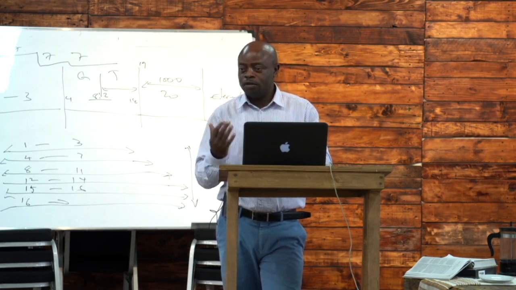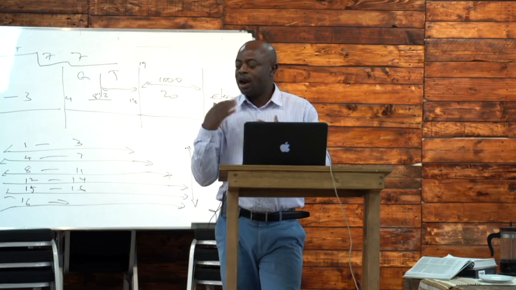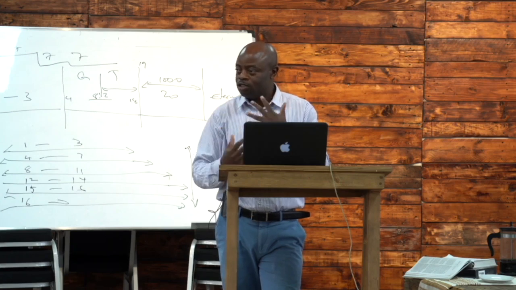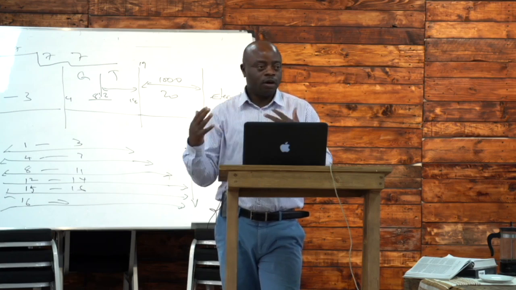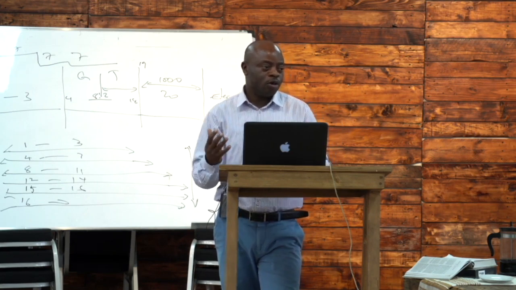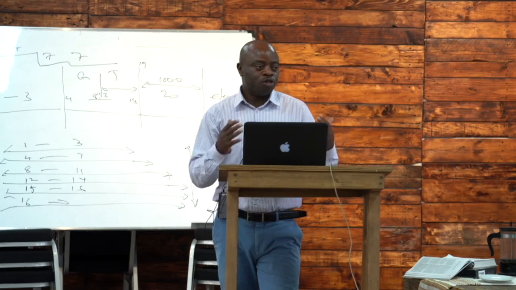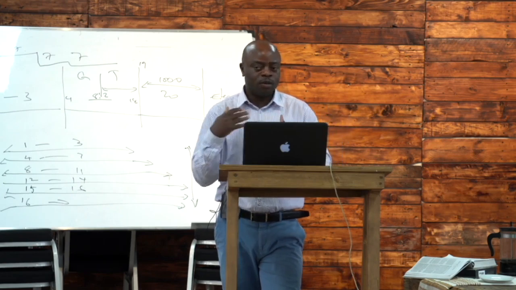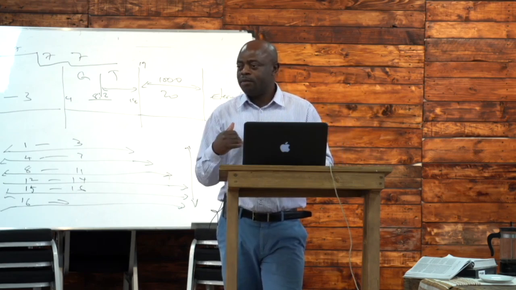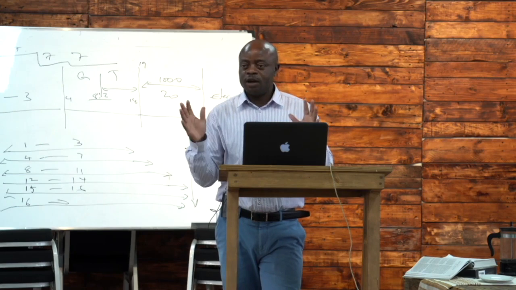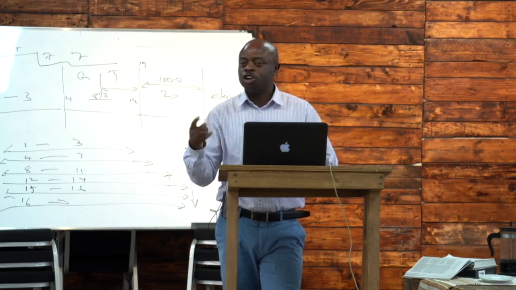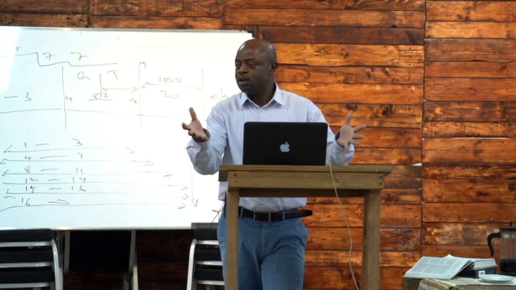So the return of Nero was already around even during the time when John was writing the Revelation. So everybody was aware of the idea that Nero was going to come back. For those who believed that he died, they thought probably he was going to resurrect and come back. For those who said no, he did not die, he hid himself somewhere. So whichever belief was going around, the legend was the reality of the day.